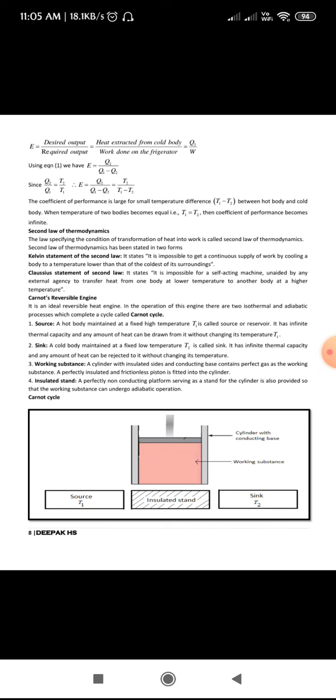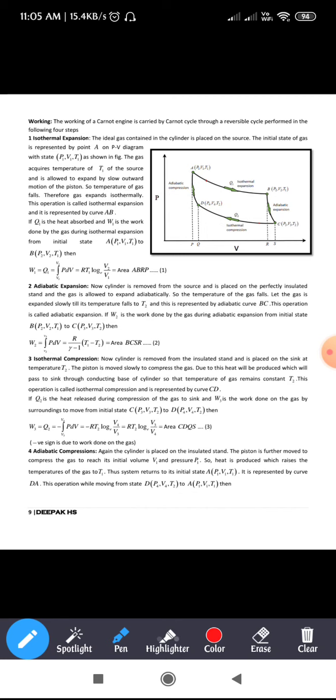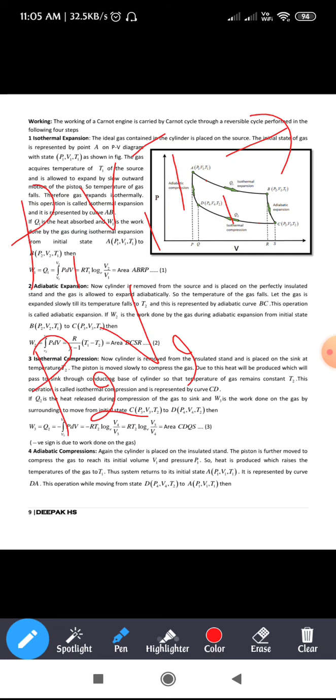As the gas is allowed to expand, the pressure and volume change, but the temperature remains the same. Pressure changes from P1 to P2, volume from V1 to V2, but the temperature remains the same.